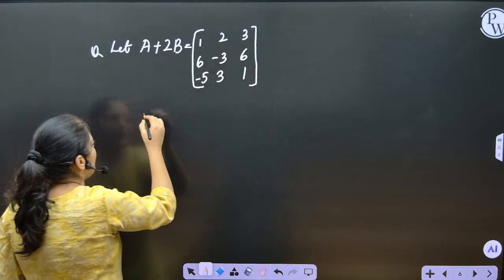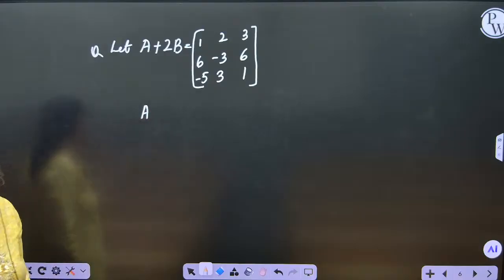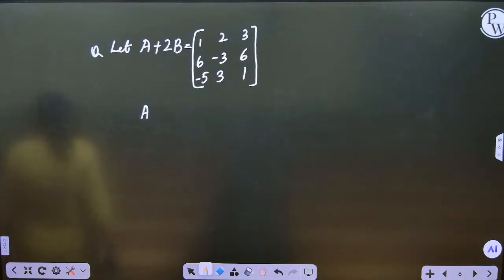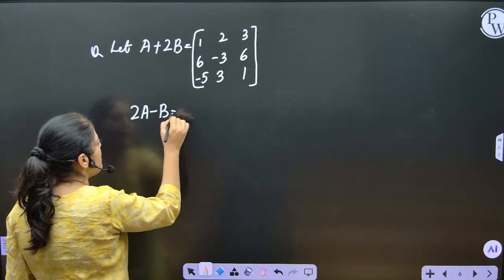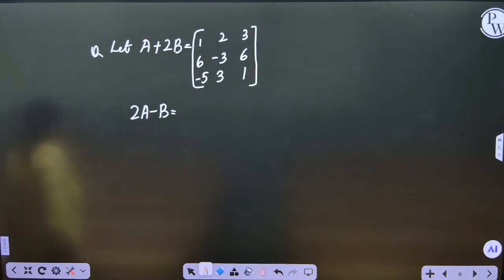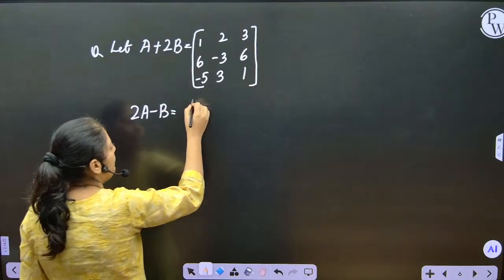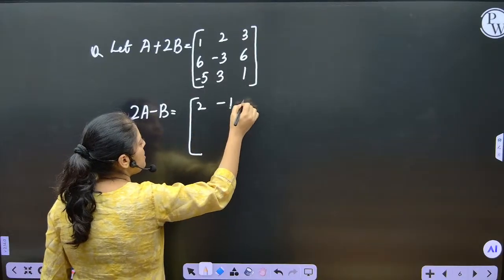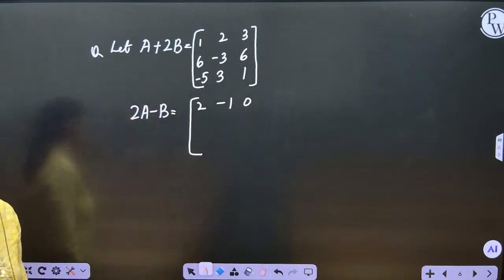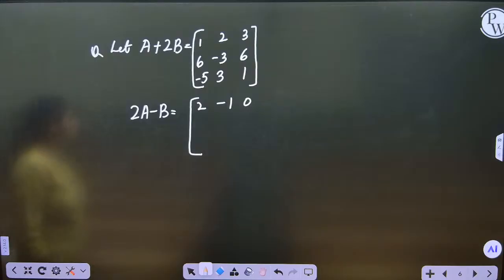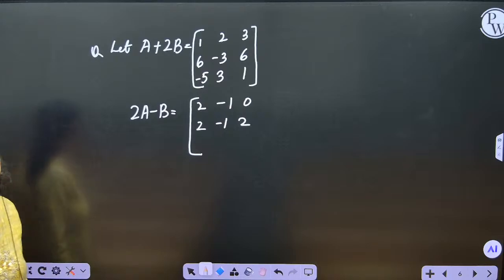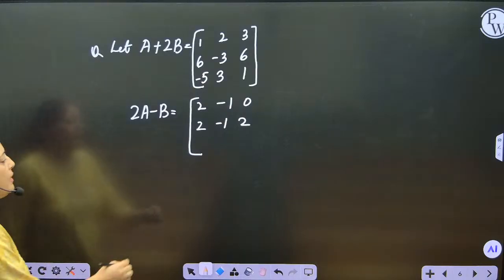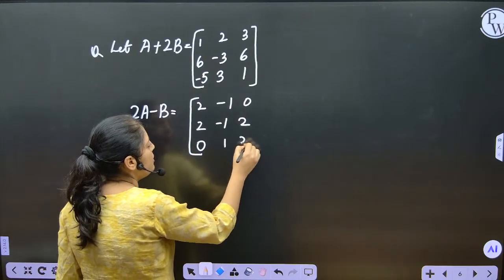And the second matrix they have given us as 2A minus B, 2A minus B is nothing but 2 minus 1 0, 2 minus 1 2, and this is nothing but 0 1 2.